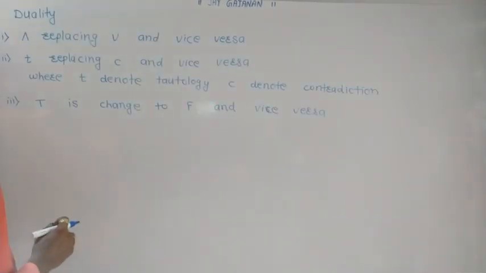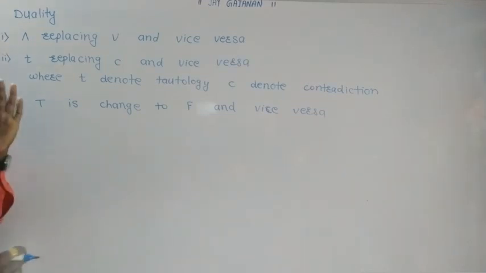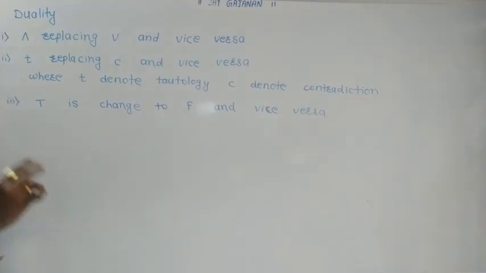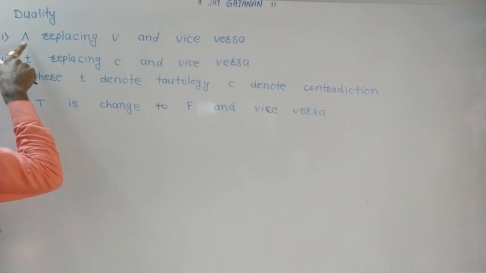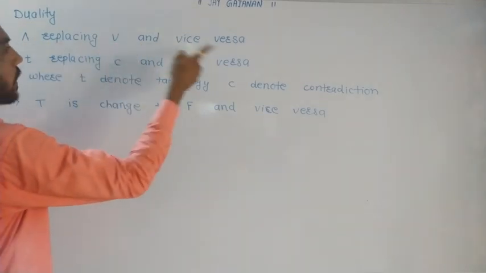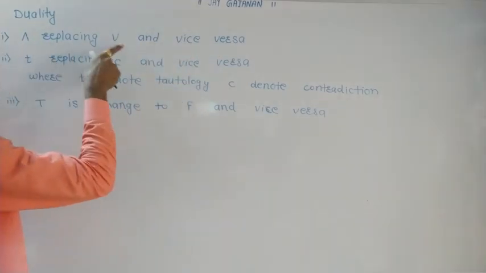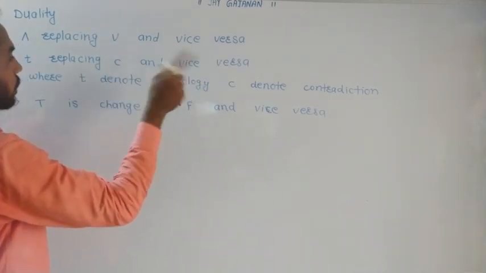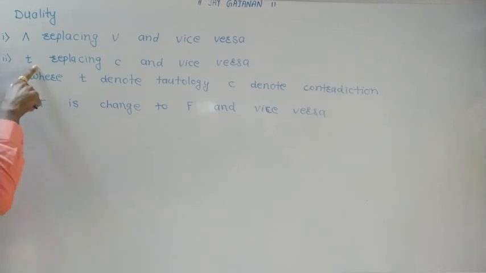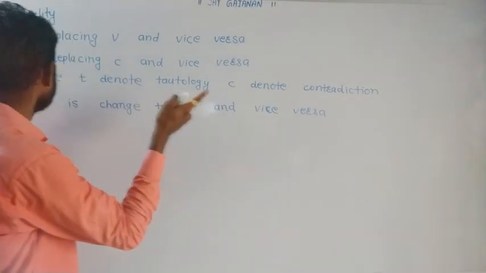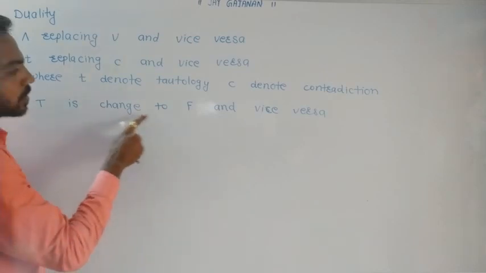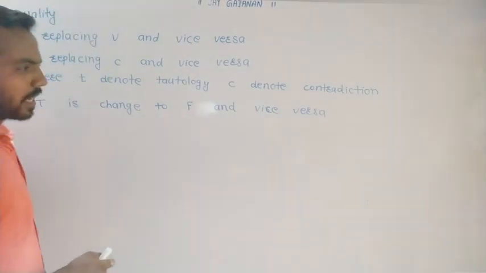Now, duality. Duality is a very simple concept in mathematical logic. There are three things to remember: 'and' replaced by 'or' and vice versa, meaning conjunction is replaced by disjunction; T replaced by small c and vice versa, where T means tautology and small c means contradiction; and T is changed to F and vice versa.